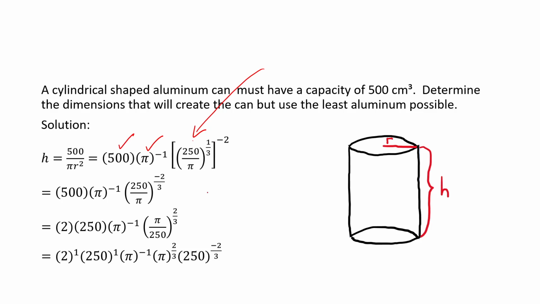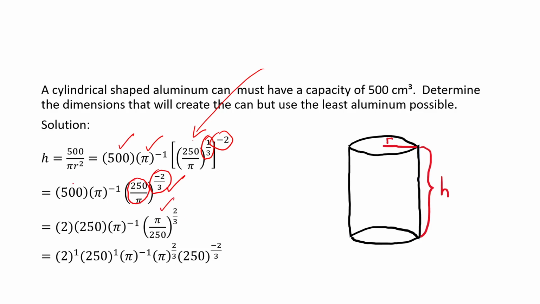Now, we can multiply these two exponents and get 250 over pi to the exponent negative 2/3. And then in the next line, we're going to invert this base, thereby allowing us to make this exponent positive.